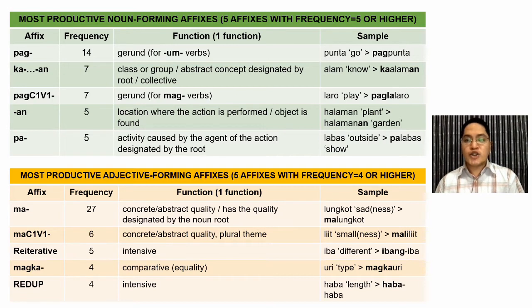A much more bias may be seen among the adjective-forming affixes, with 27 for the most frequently used affix ma, and just 6 for the second most frequently used affix ma C1V1. Moreover, most of the noun and adjective-forming affixes provide only one additional function to the root or stem that they attach to.